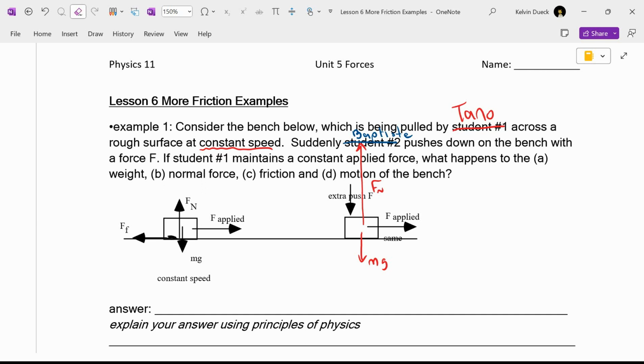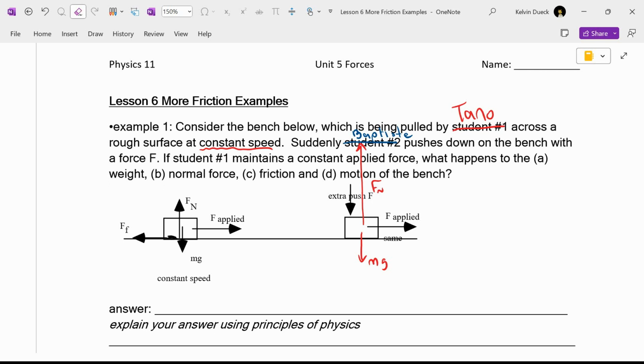What else? Which force are we missing? Is friction going to be bigger, smaller, or the same as in the first situation? Why bigger?